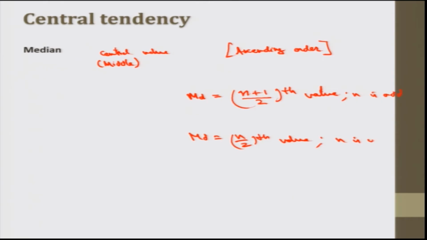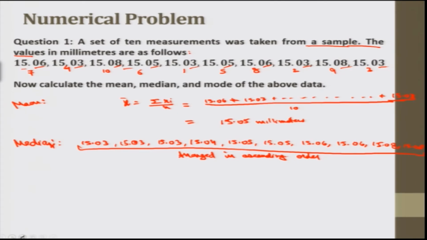The number of values here is 10. So, the depth of median is equal to 10 by 2, which is the fifth value. So, when I say 1, 2, 3, 4, 5 and 6.